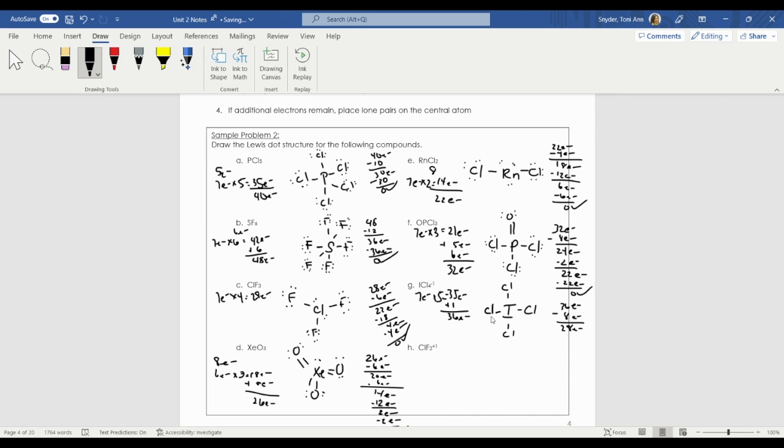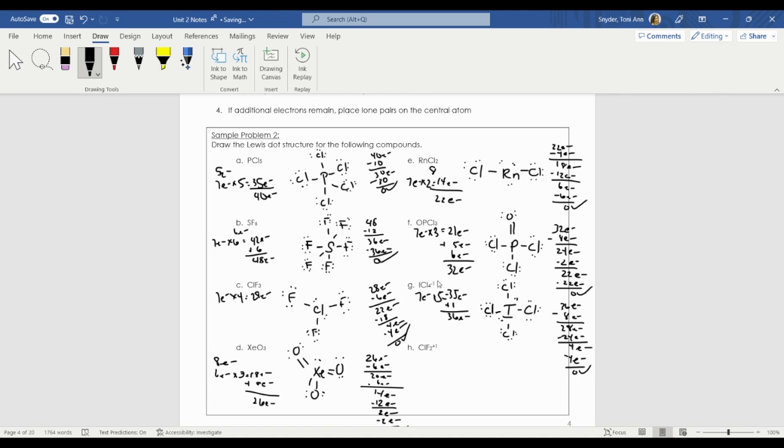Fill up these outer ones first. 2, 4, 6, 8, 10, 12, 14, 16, 18, 20, 22, 24. Got 4 electrons left. Where do they go? They're going to go on the middle. That means iodine must have 2 lone pairs.